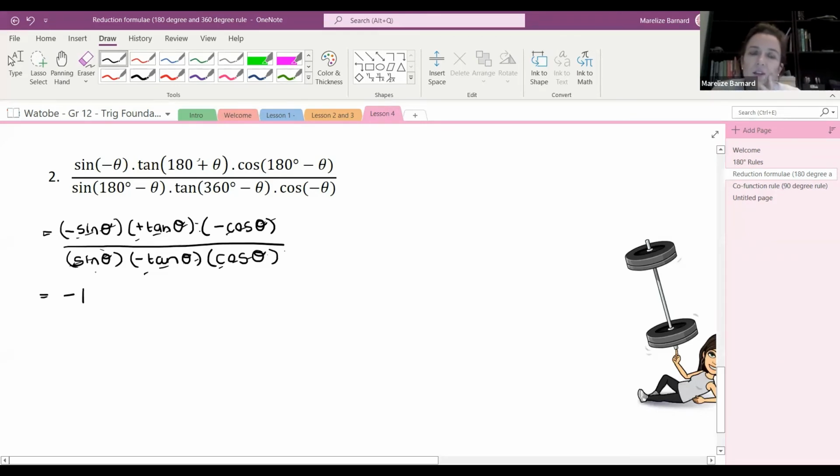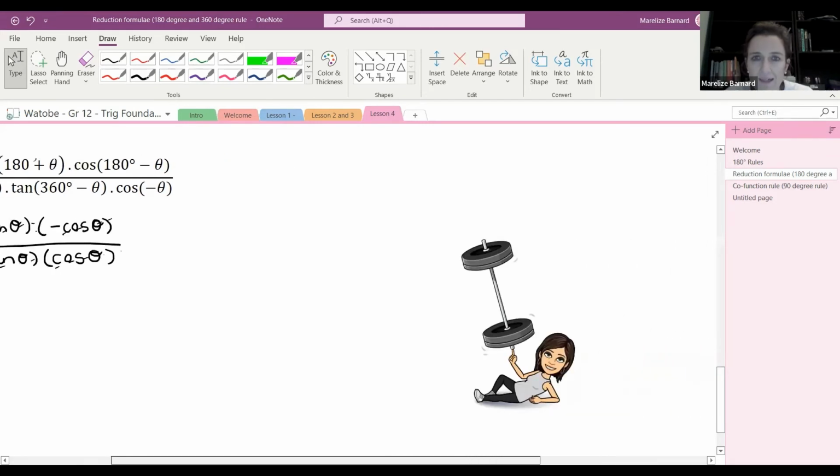Just check the correction. Tan of 180 plus theta, 180 plus is the third quadrant, and tan is positive there. Okay, well done to everyone who got -1 and got that one right.